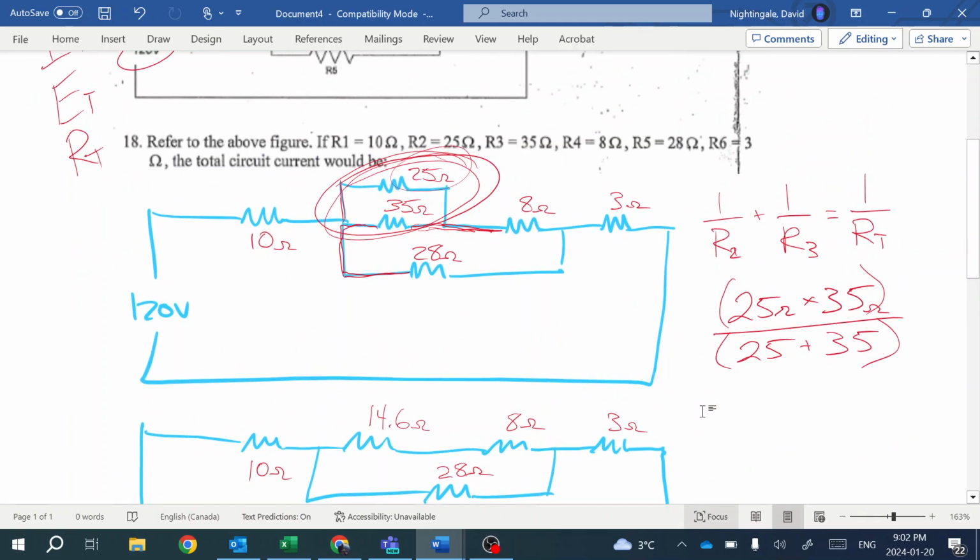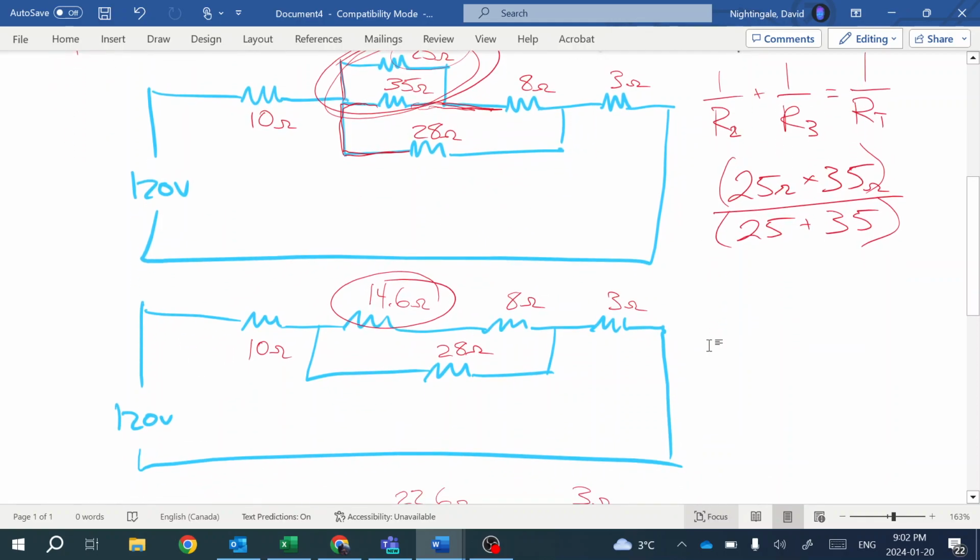And you would end up with 14.6 ohms if you did that. And so, again, this is a tedious process because I think it's always important to just continue drawing out and condensing your circuit. And so you're going to have many different renditions of this particular circuit. So down below, I've drawn it out now with these two resistors here condensed into one resistor, that 14.6.